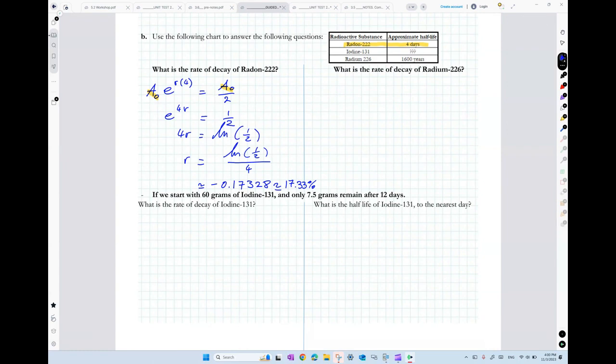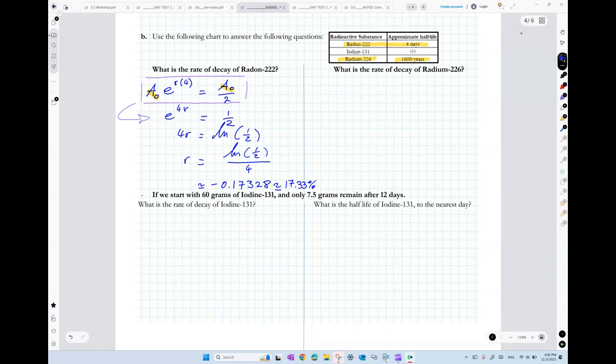Next question. What is the rate of decay of the radium-226? I am given the half-life in years. So I am going to use the very same formula, and you can eventually, once you are comfortable with it, as long as you know where it comes from, skip this first step and directly start at this one here.